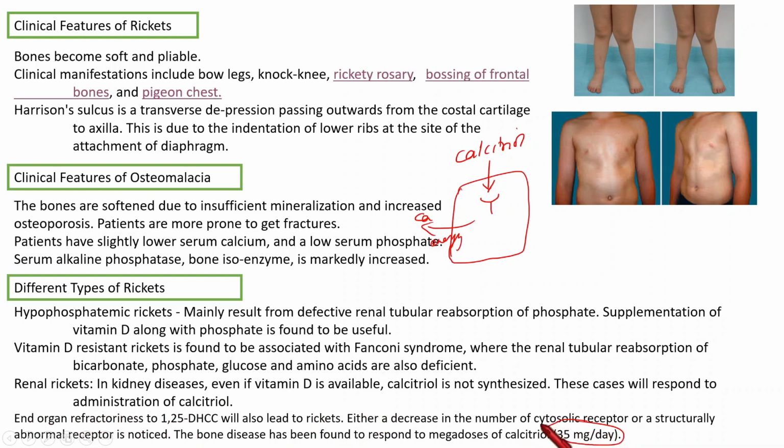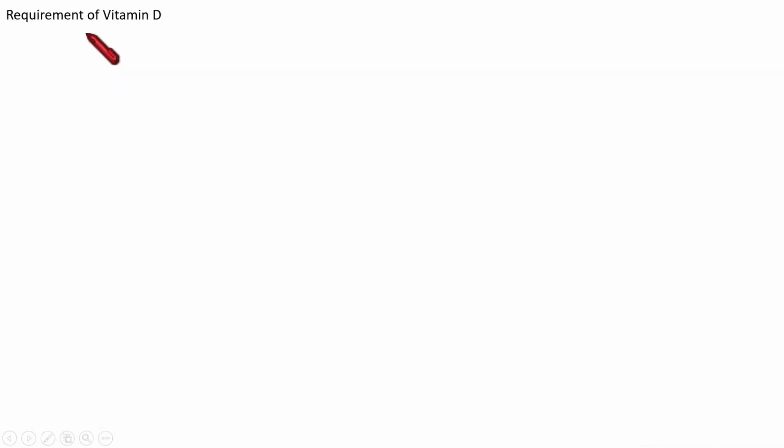So that's all about the deficiency of vitamin D, what are the diseases, what are its features, all those things. I hope you understood every point so clearly. So thank you.